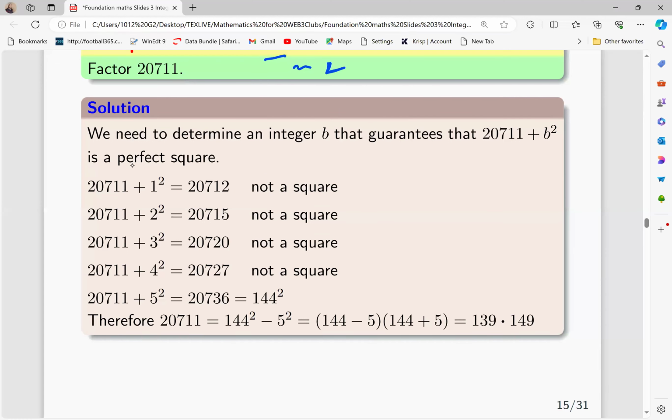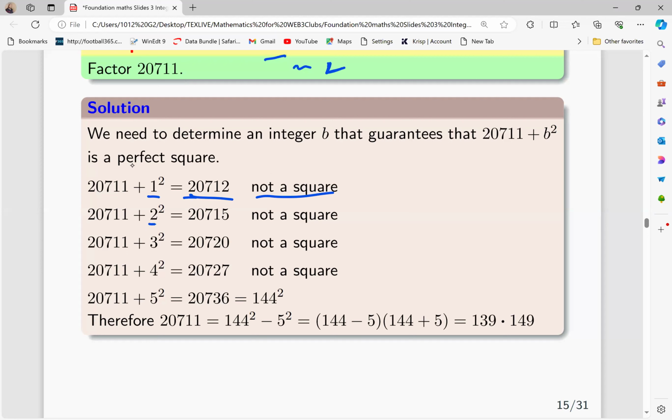Now, I wanted to factorize this number. Supposing it was our m, we just take 1 square and add it to it. This is what we get. Try and see whether its square root is there. We'll find that the square root is not a whole number, which means it's not a perfect square. So we proceed until we get a square root that is a whole number.